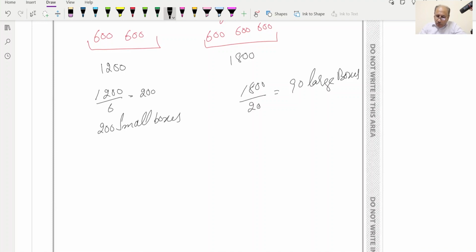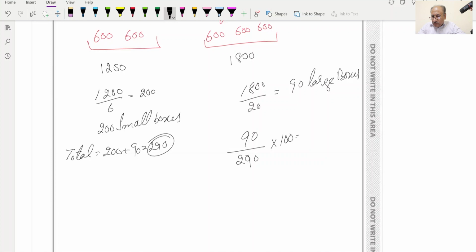So 90 out of the total. The total is equal to 200 plus 90, which is equal to 290. So out of 290, 90 are large boxes, and for percentage we multiply by 100.